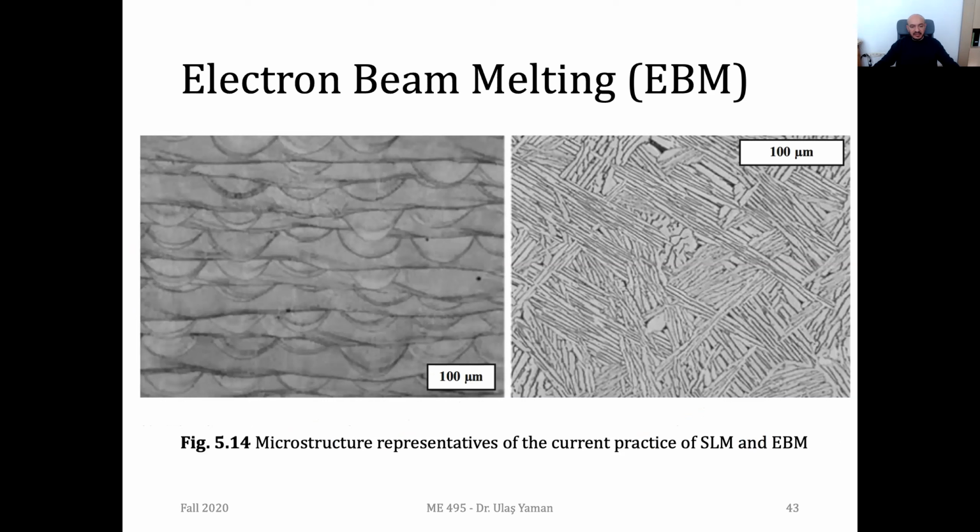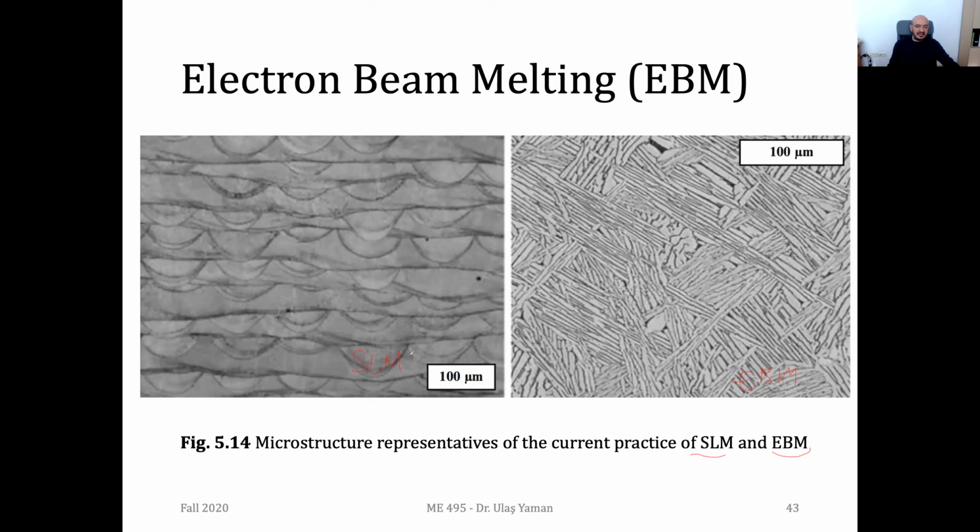So you can see the typical microstructures in the SLM systems and EBM systems. This one is EBM, and this one is SLM. As you see, they are completely different. We have rapid solidification on the EBM side. That's why we have such longer grains.